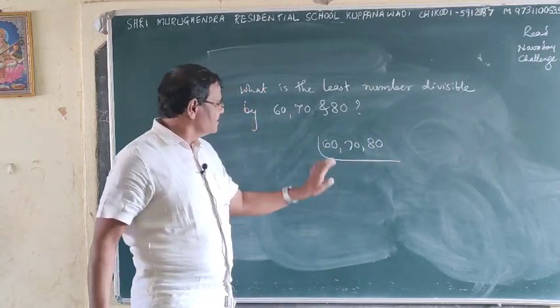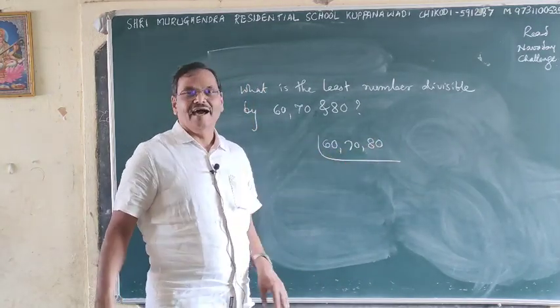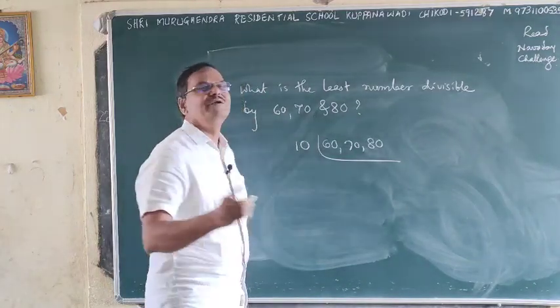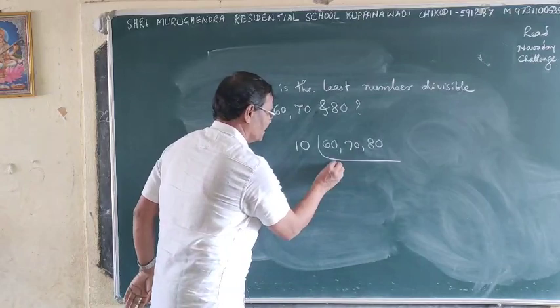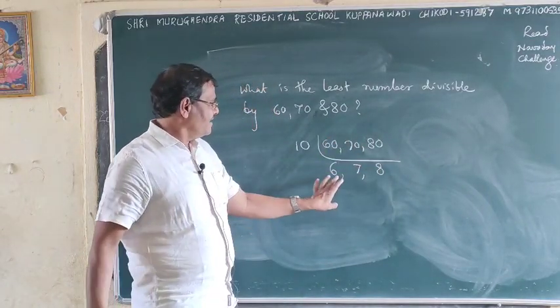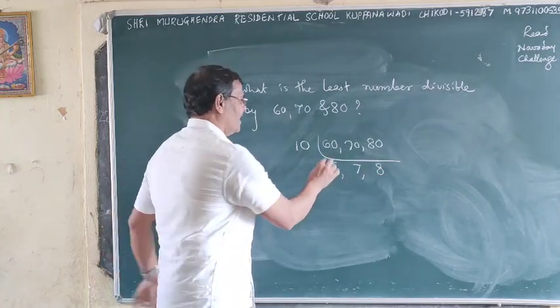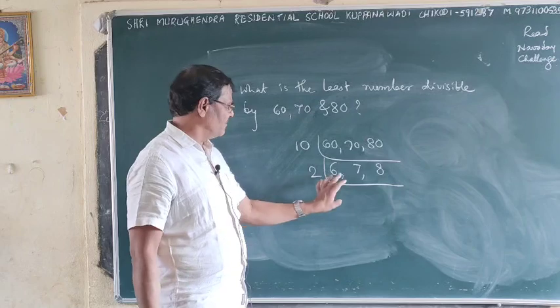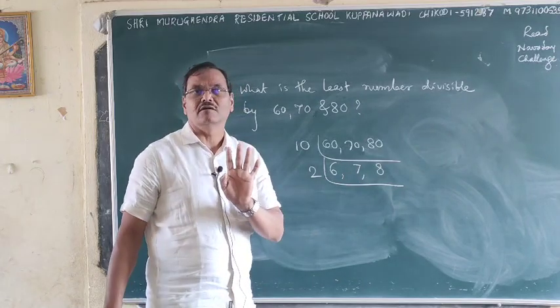See here, 60, 70, 80 are visible in the tens table. So you can follow the usual division method. 6s are, 7s are, 8s are. And 2 and 6 are divisible by, when it is a prime number, then no need of checking whether all the numbers are divisible or not.